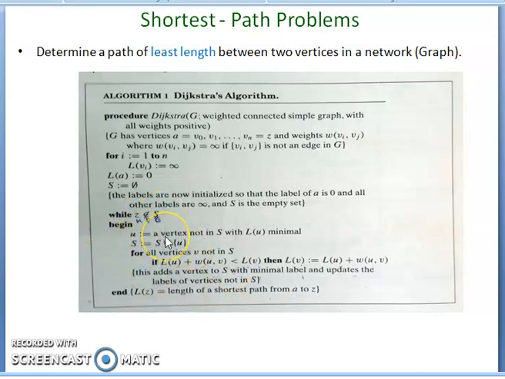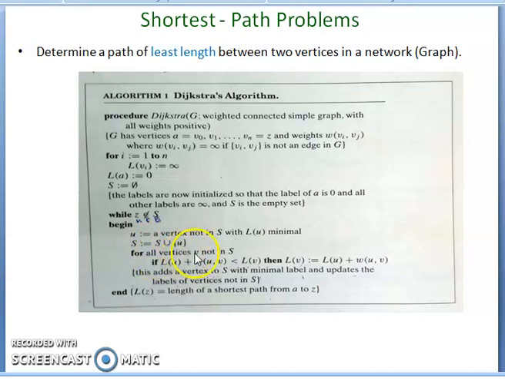Now you verify a vertex not in S with L of U the minimal value. So what is the minimal value? You find the minimal value and take that particular vertex: initially A, and then C, and then B, like that. Once you reach A, after that you choose B or C. Which one is the minimal? C is the minimal. So S equals A union C. So A, C are there.